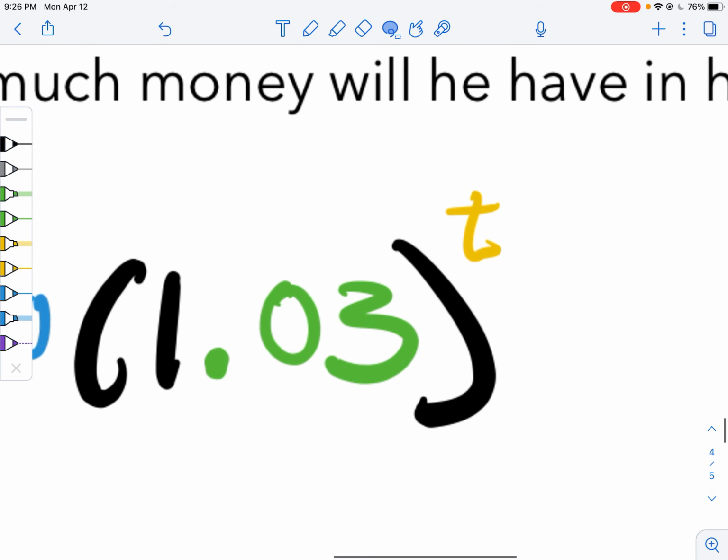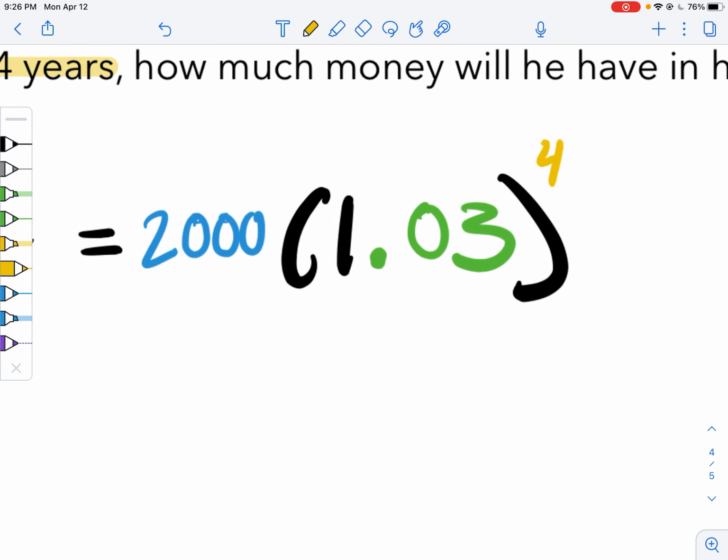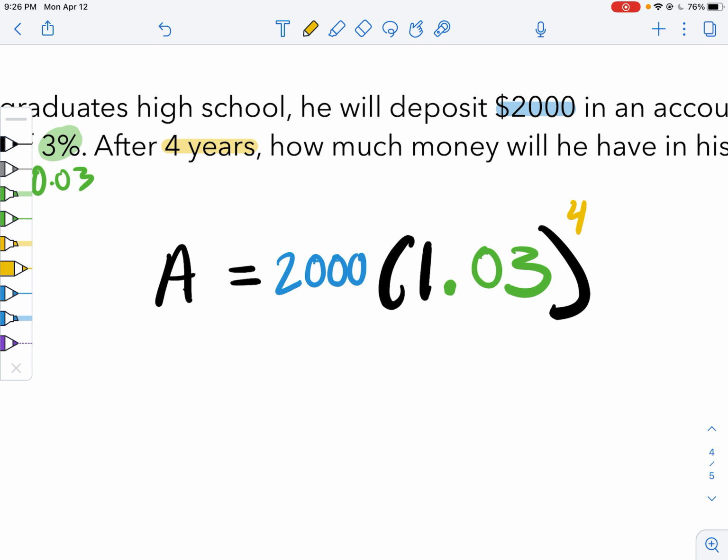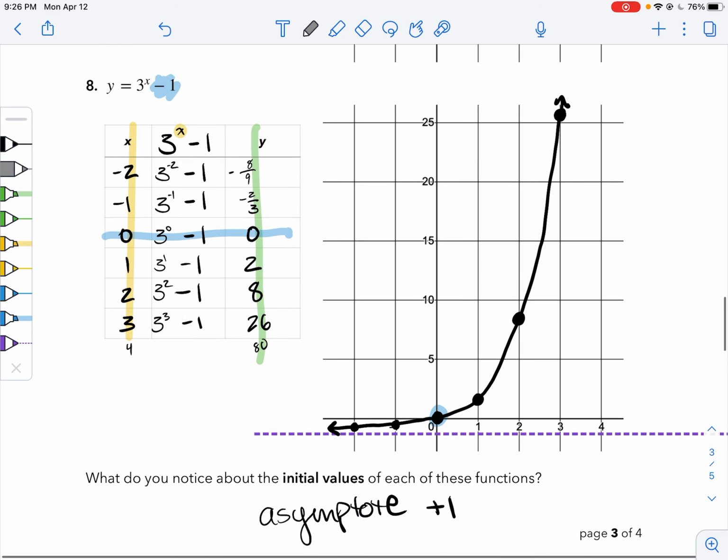Okay, 4 years. If you want to do that by hand, you knock yourself out. Plug it into a calculator. But remember your PEMDAS, you need to do this first. Tell me what your final answer is, and have a wonderful time in your homework.